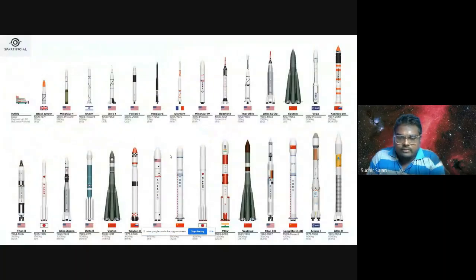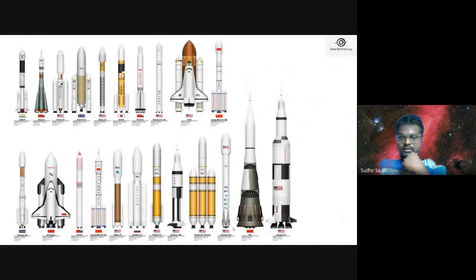Here I am showing you the available rockets possessed by different agencies in different countries. Here you can find most of the rockets possessed by the United States. Of course, India also has a rocket, the PSLV. And this slide covers many more rockets.